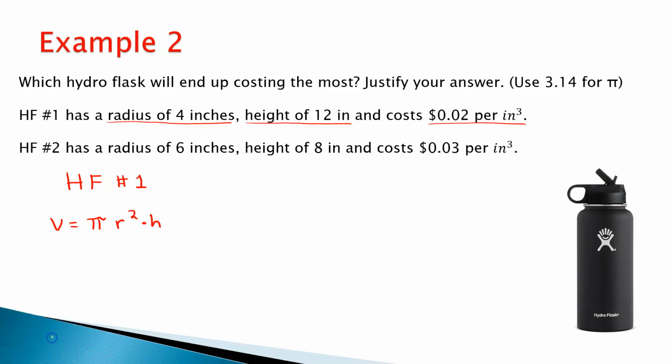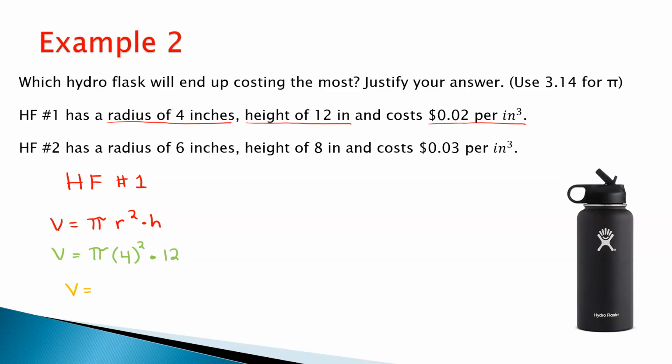Pi is going to stay the same, but our radius is up above. It says 4 inches. So we're going to plug in 4 to the second power, and multiply that by our height, which is 12. Let me multiply that out on my calculator. I'll verbally explain what I'm doing. First, 4 to the second power.